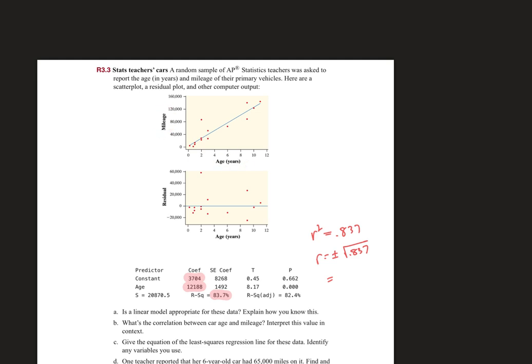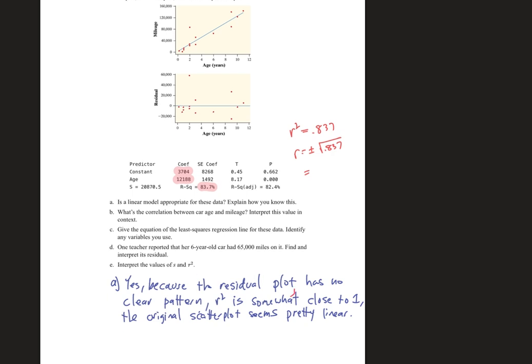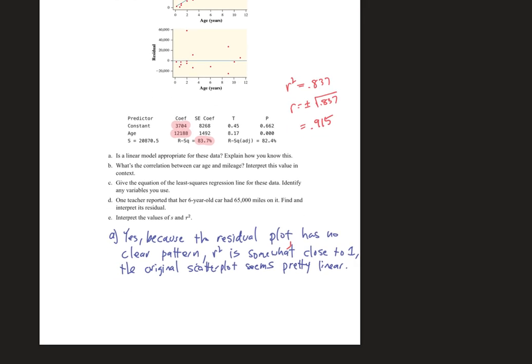So r has to be positive. If you take the square root, you get a positive 0.915. When interpreting this, you say there's a strong or somewhat strong positive association between these two variables.